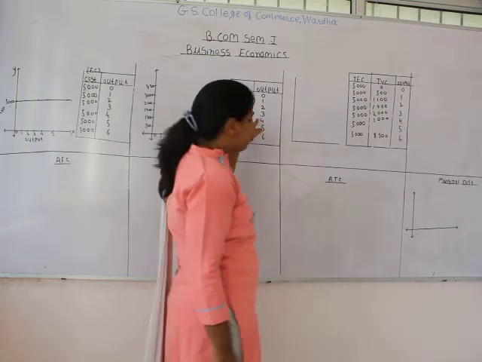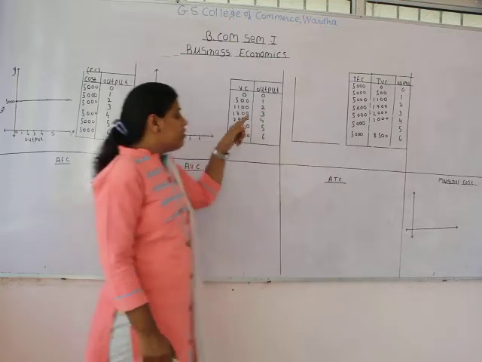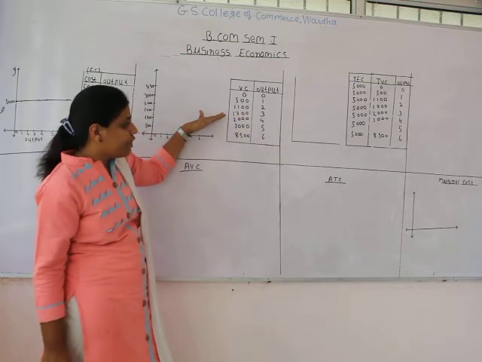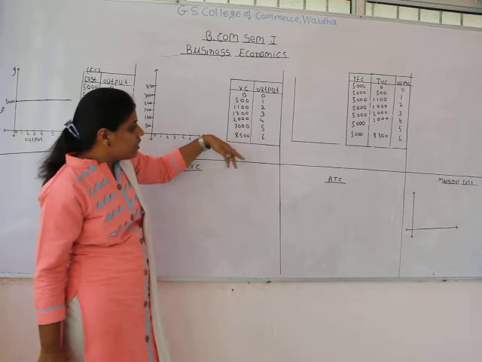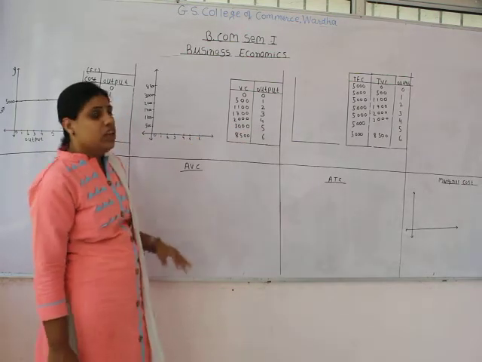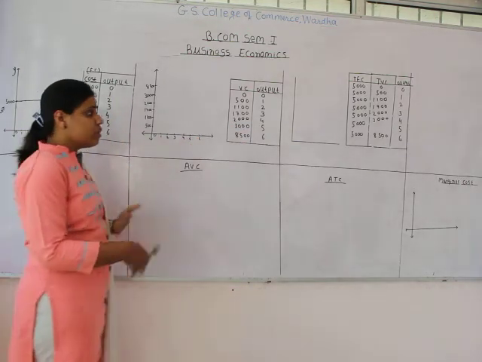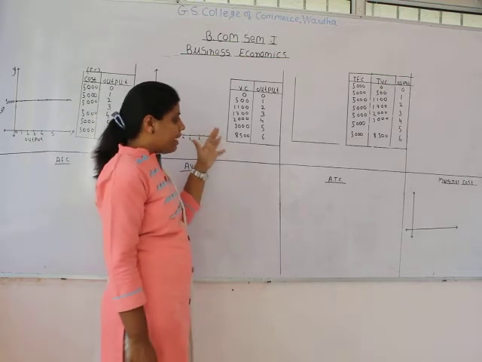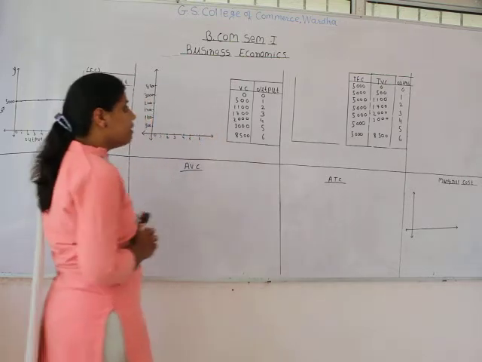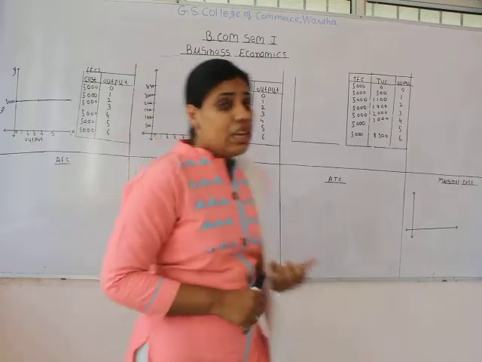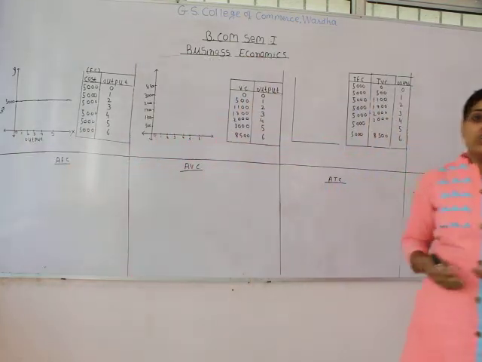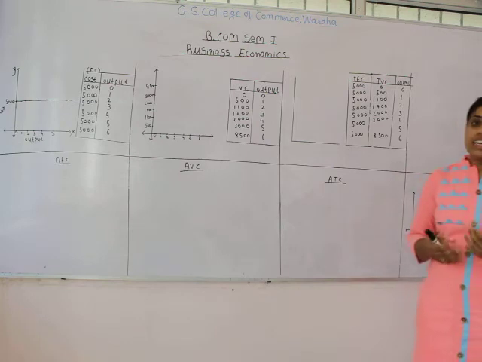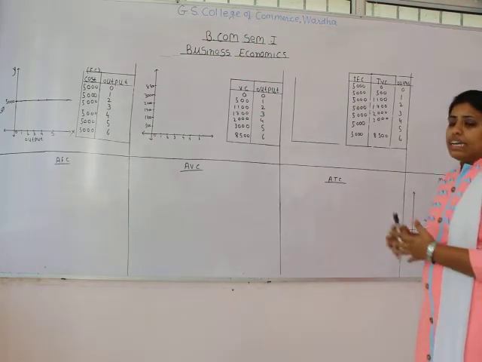When output is further increasing to 3, it's further increasing to 1700. When output is further increasing to 4, 5, 6, the variable cost is also increasing with output. It's getting 2000, 3000 and 8500 respectively. So this way, variable cost increases when your output increases and it declines when your output declines.